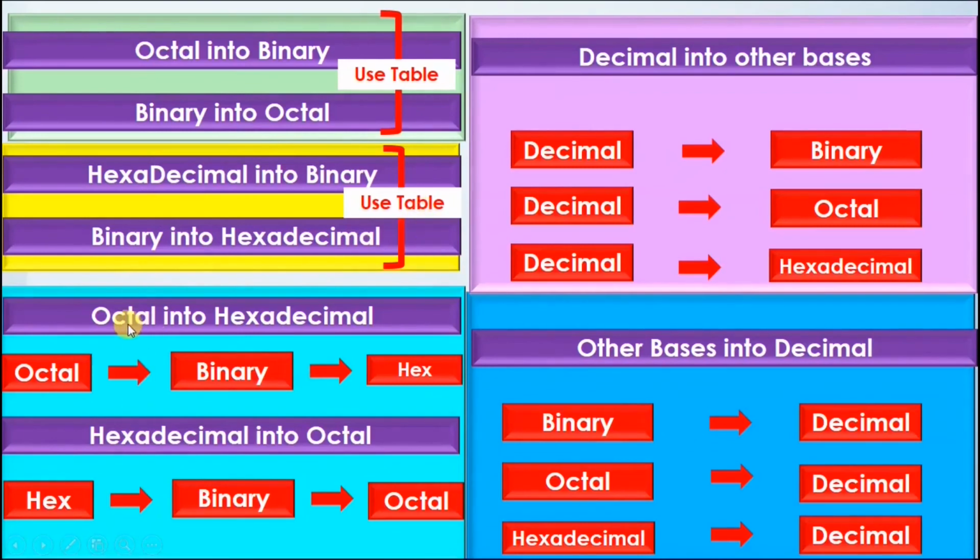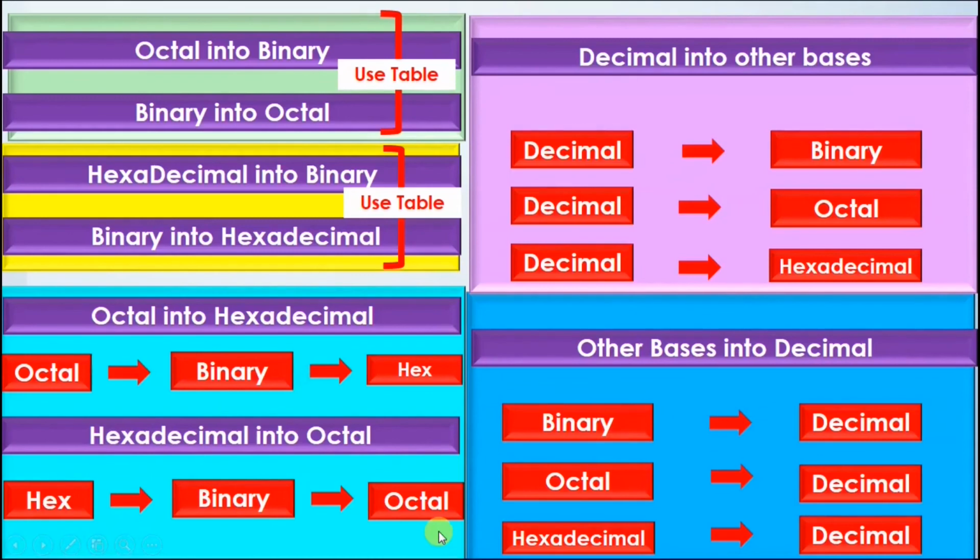In the next section, we converted octal into hexadecimal, but the conversion was not direct. So first of all, we converted octal into binary and then binary into hexadecimal. And then we converted hexadecimal into octal. Again, the conversion was not direct, so we converted hexadecimal into binary and then binary into octal to get the final result.